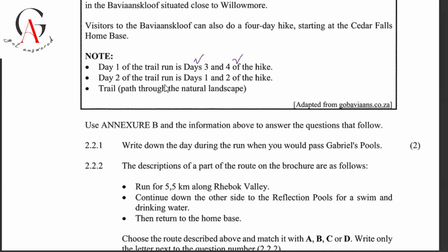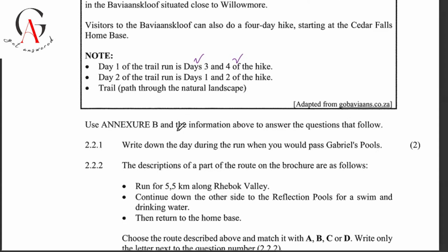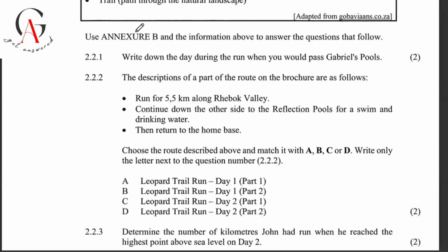Day 2 of the trail run is days 1 and 2 of the hike. The trail passes through the natural landscape. Anyway, write down the day during the run when you will pass Gabriel's Pools. Take note of that.